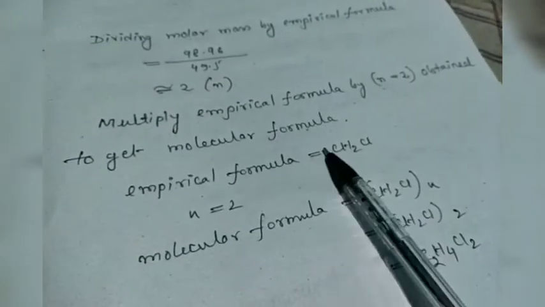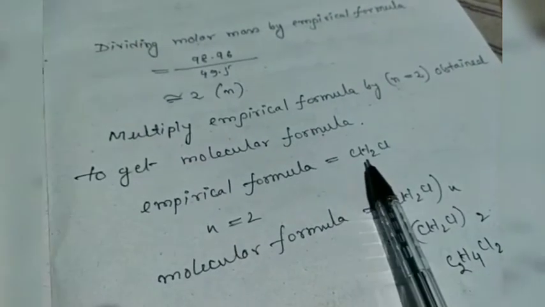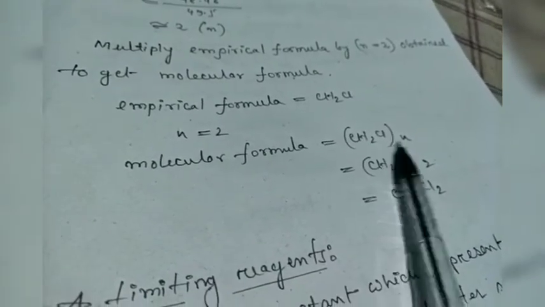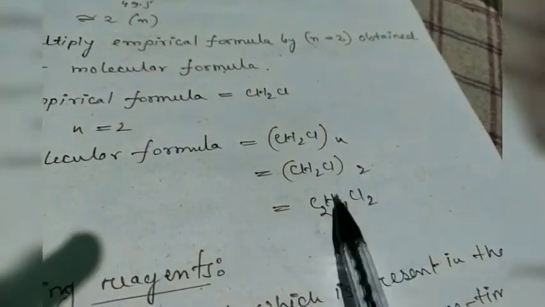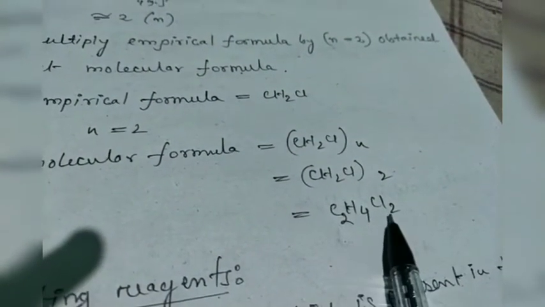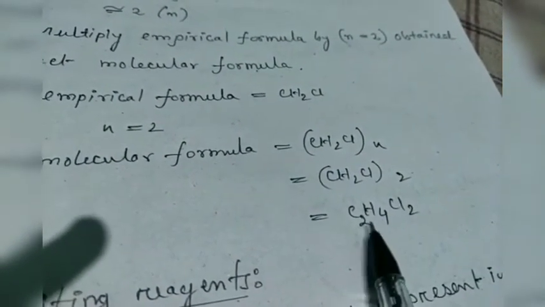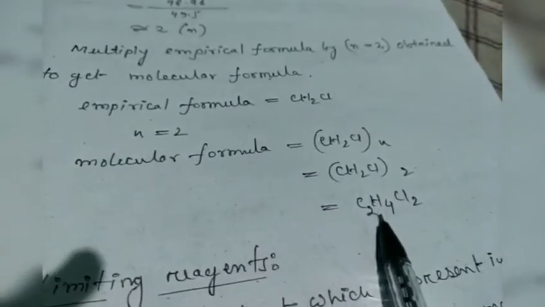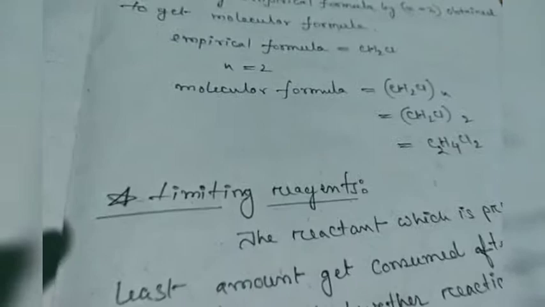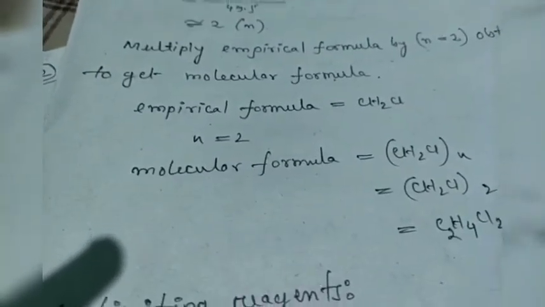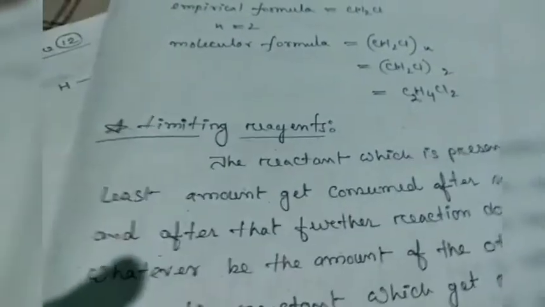So we have to multiply the empirical formula by n, where n equals 2. So the molecular formula is the empirical formula into 2. The empirical formula is CH2Cl and n equals 2, so it is C2H4Cl2. This is the required molecular formula. This is the process to calculate the empirical formula as well as the molecular formula from the percentage composition of the elements of a compound.